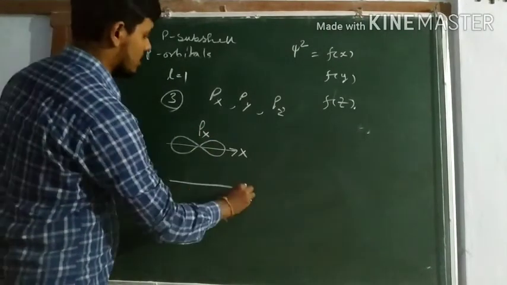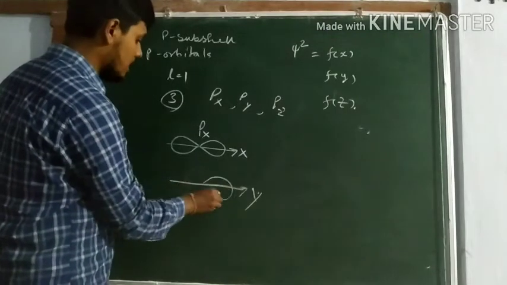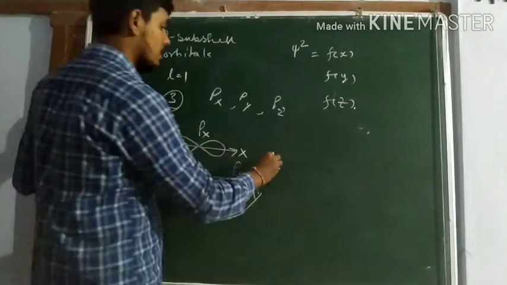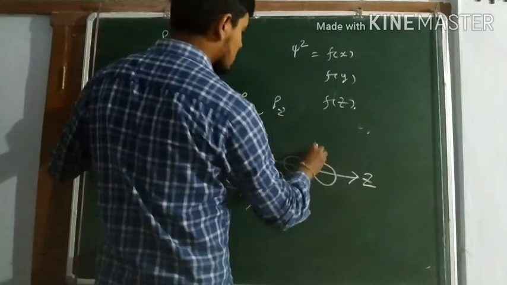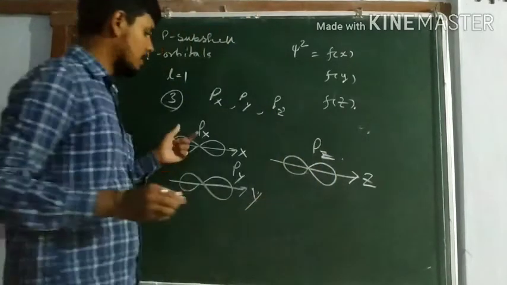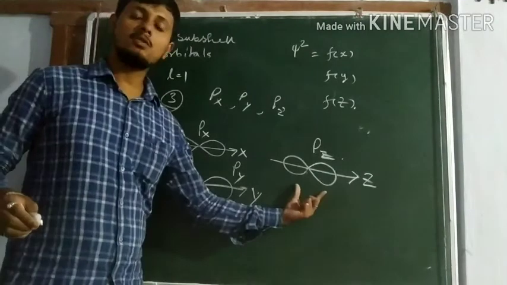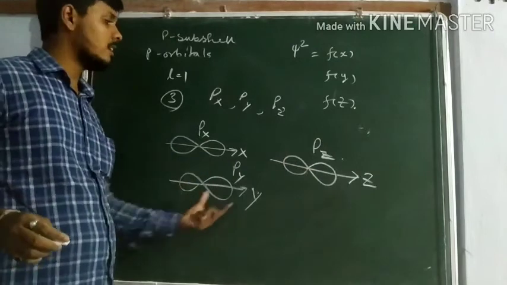If I take the y axis, then the py orbital will be in the direction of the y axis. If I take the pz orbital, then it will be in the direction of the z axis. So three orientations are possible.